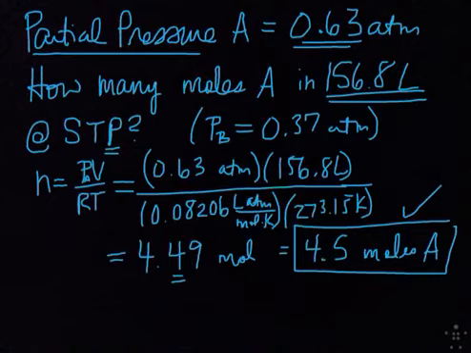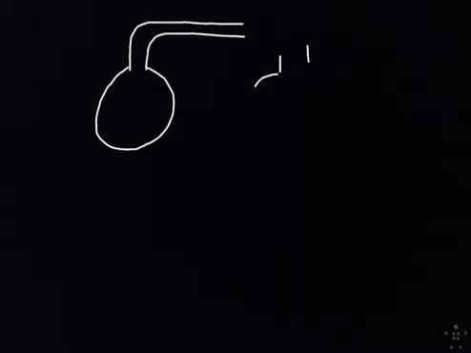Let's look at a problem that's just a little bit more challenging and completely doable with everything that we know about gas laws. So now let's say we have two flasks that are connected by a tube, and there's an opening between these that we can plug or unplug depending on what we want to do with these gases. I'm going to try and draw it as much to scale as I can.